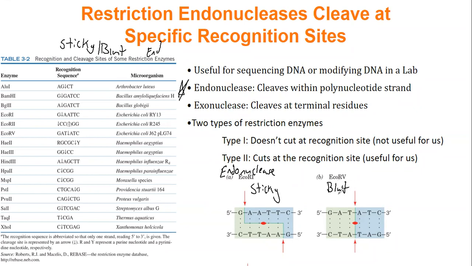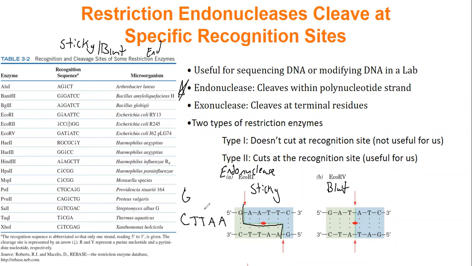What a sticky end means is that when you make a cut, you have an overhang. So here we are making a cut. And when we cut this, our resulting strand will be G, and then this will be C, T, T, A, A. This TTAA has nothing to hydrogen bond to.